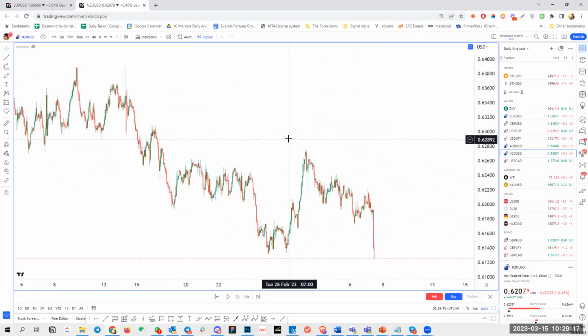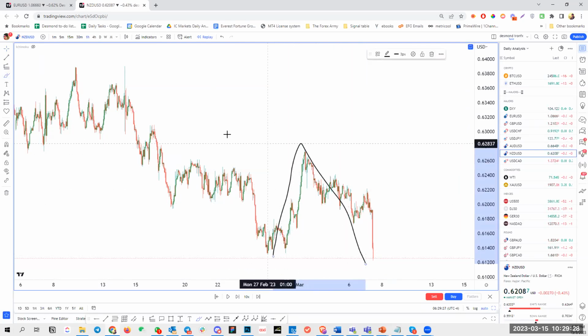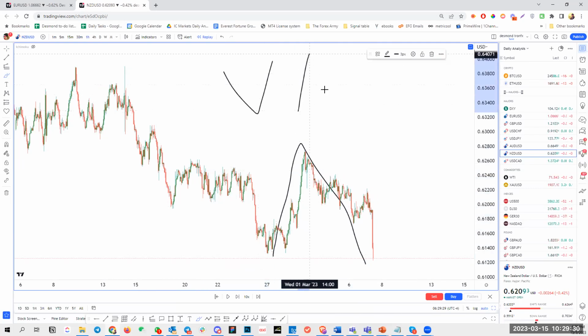I tend to use the Fibonacci extension as the leading indicator of what might happen. The Fibonacci extension usually works when you start to spot a letter V. Whether it's a V or inverse letter V, the moment you see it, it is time for you to start mapping out your Fibonacci extension.